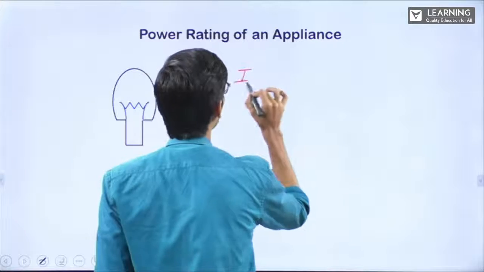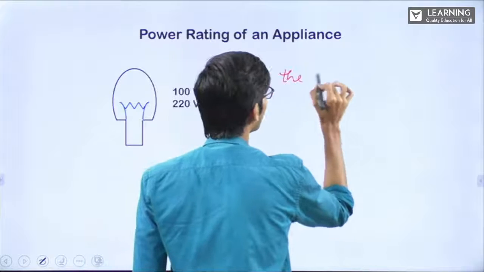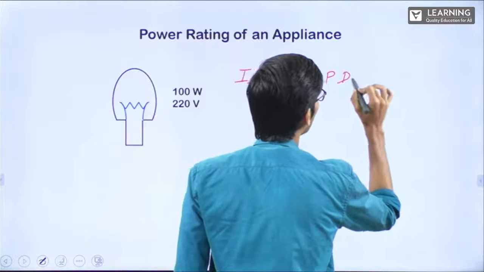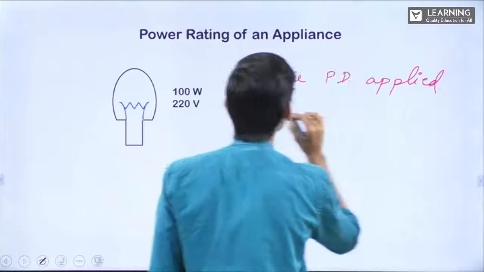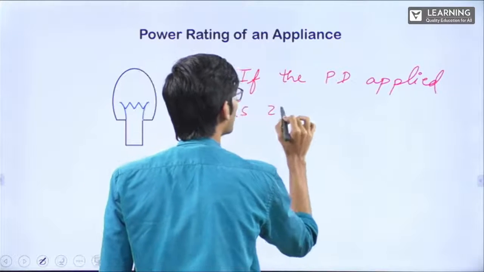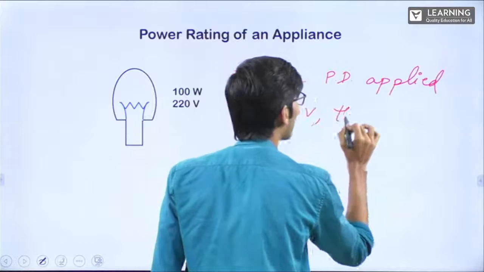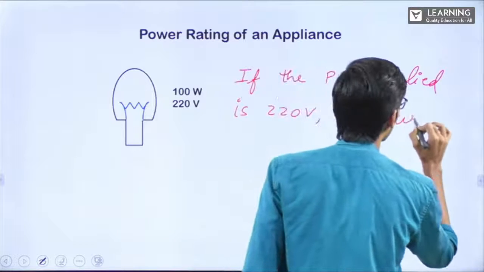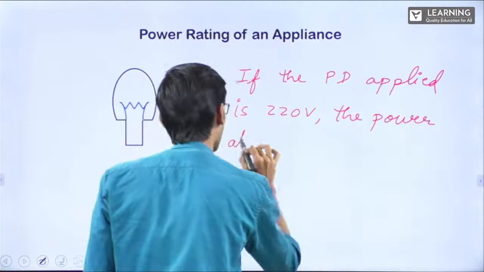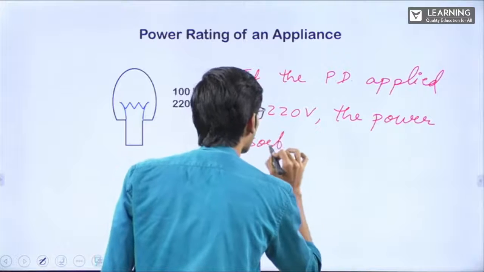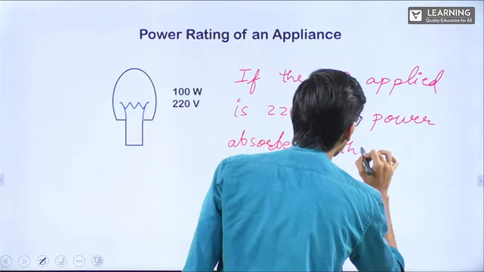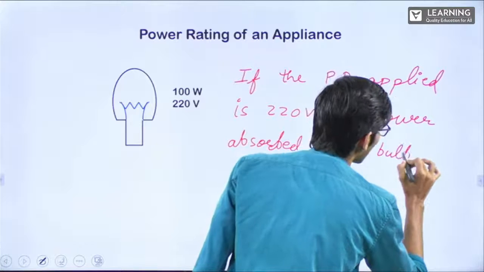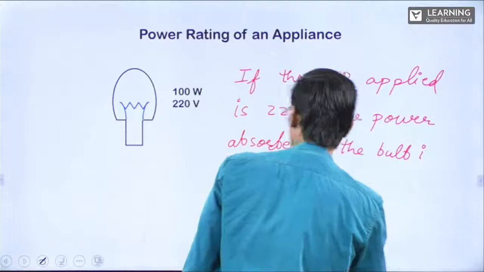If the potential difference applied is 220 volt, the power absorbed by the appliance, or by the bulb here, will be 100 watt.